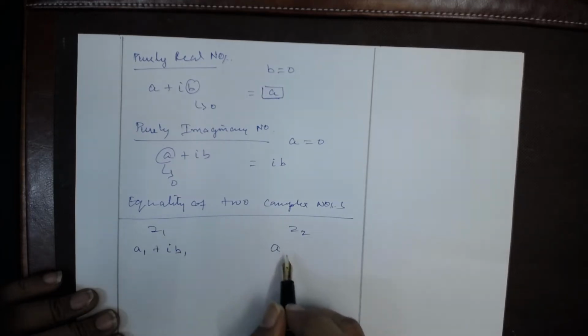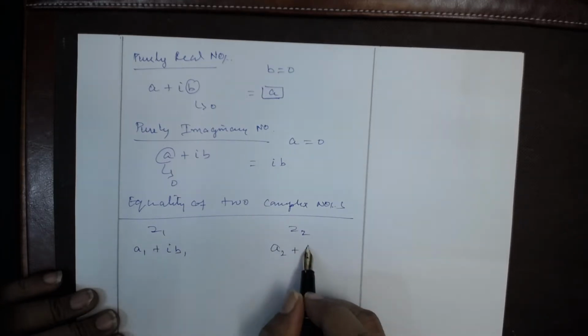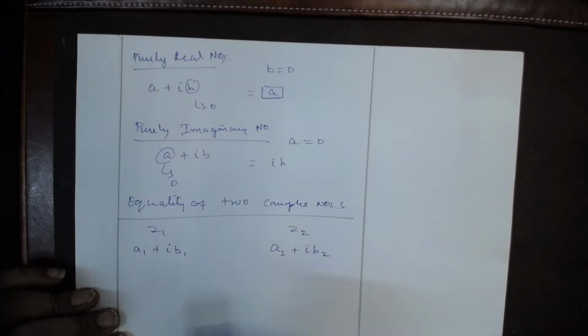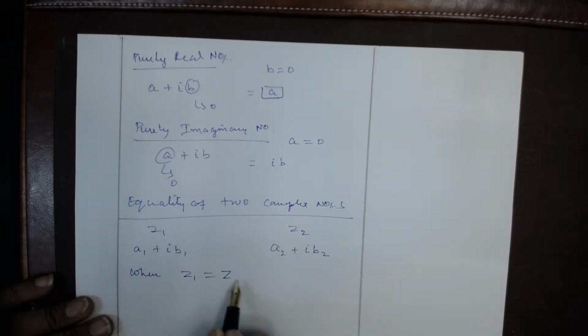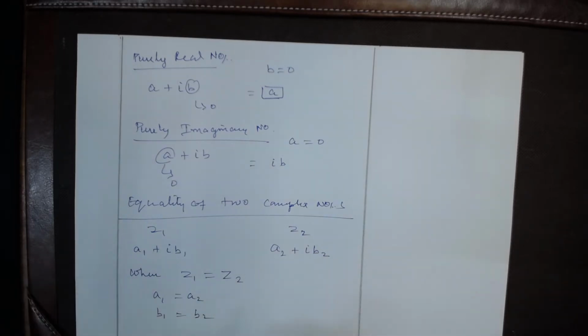Z2 is given as A2 plus IB2. So in that case, when Z1 is equal to Z2, it means A1 is equal to A2, B1 is equal to B2, and that's why they are called equal complex numbers.